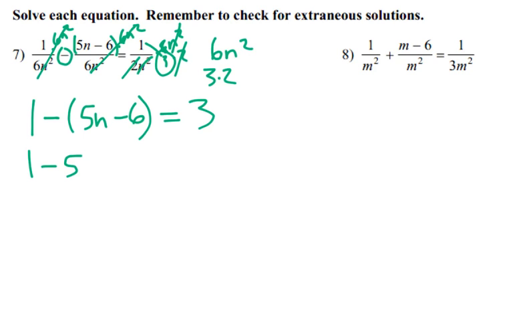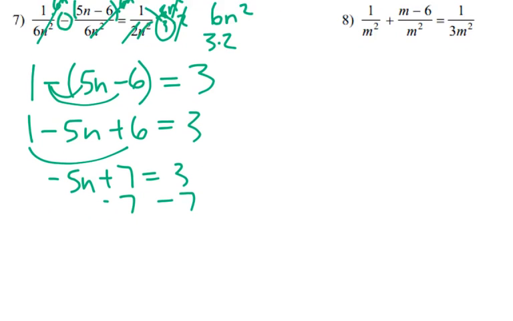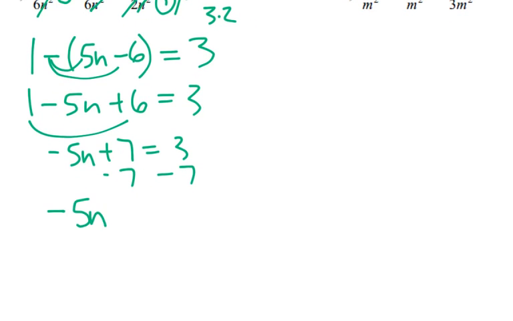So 1 minus 5n plus 6, right, when we distribute that negative. Then 1 plus 6 is 7, so negative 5n plus 7 equals 3. Subtract 7 from both sides, we get negative 5n equals negative 4. Divide by negative 5, and we get n equals positive 4/5.